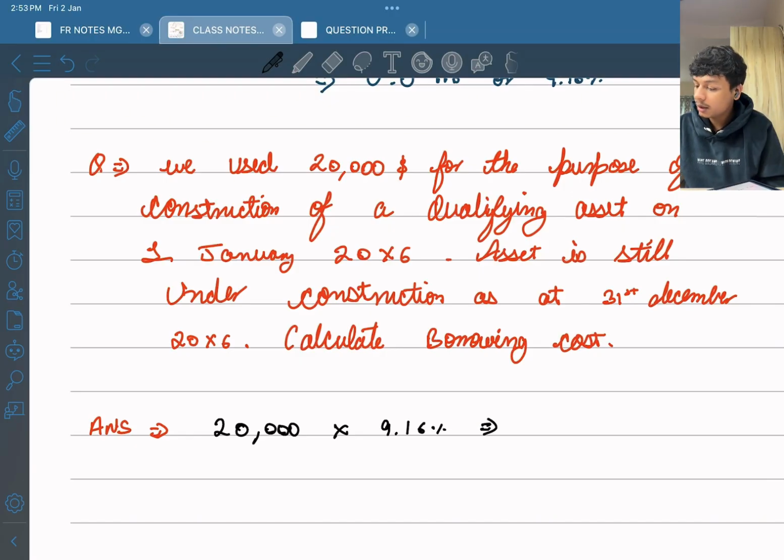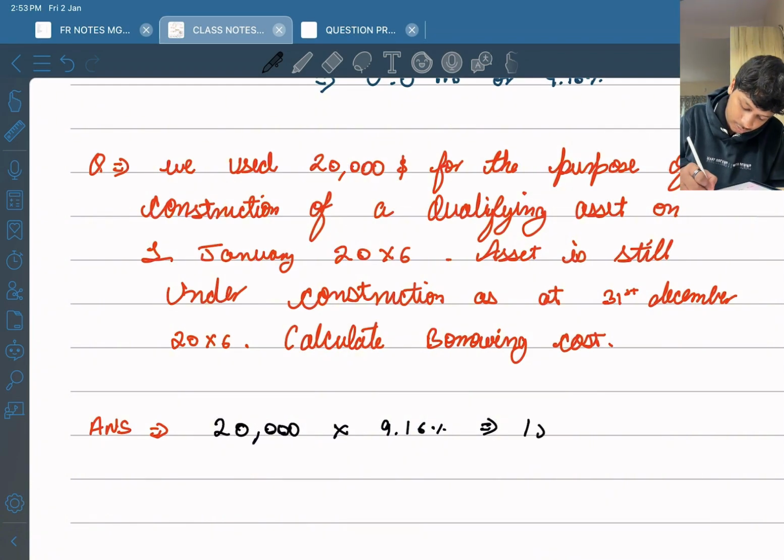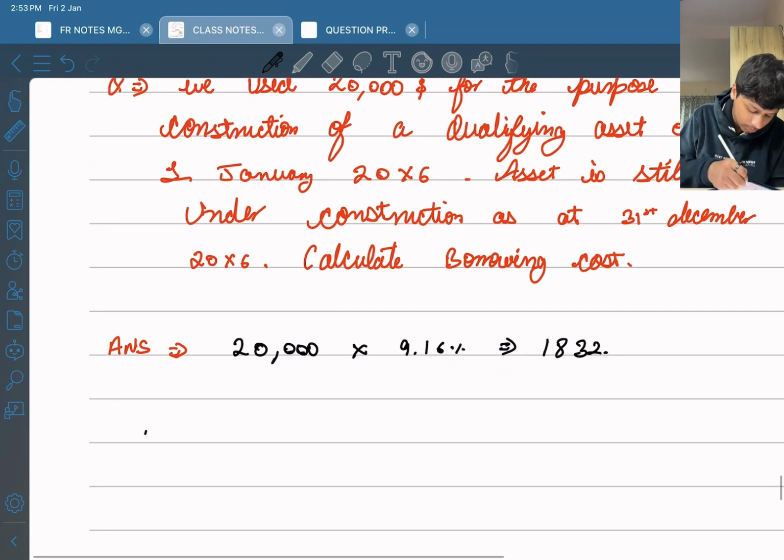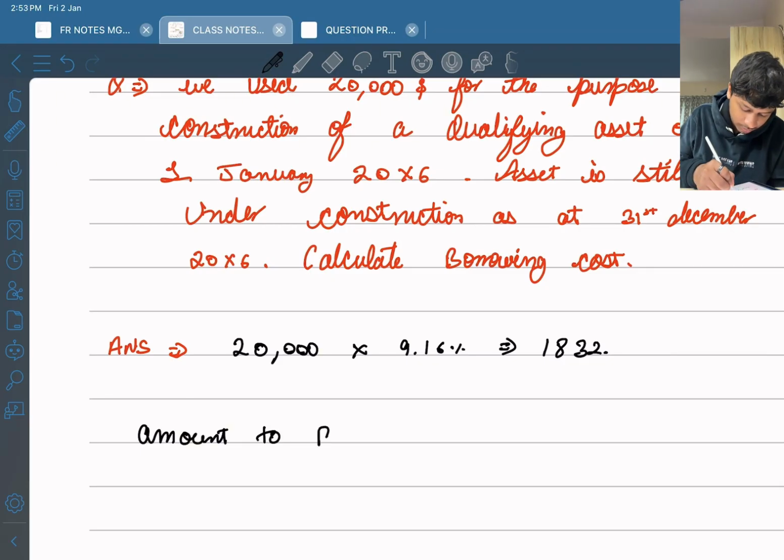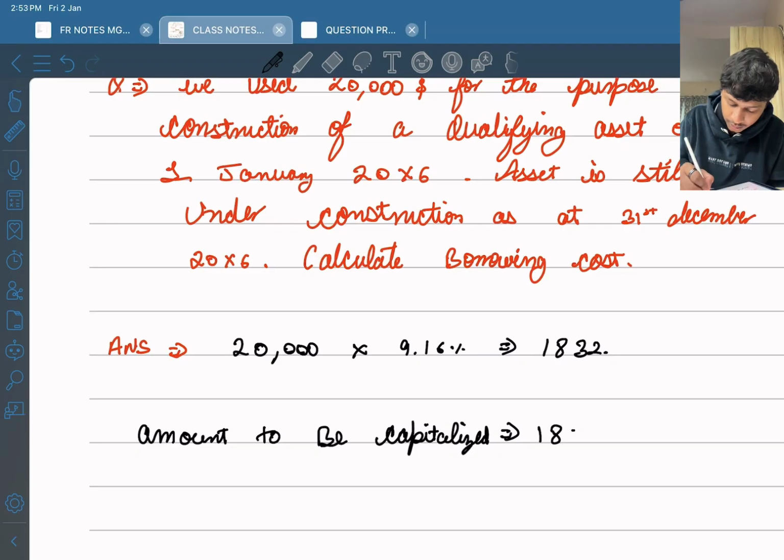The answer will be 1832, right? So the amount to be capitalized will be 1832 rupees. Okay.